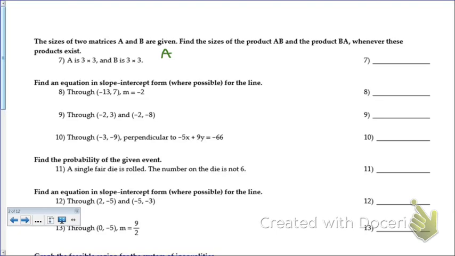So A times B. A was a 3 by 3 and B is a 3 by 3, and we look at the inner two to see if we can take the product, and then the outer two will be the size. Since we have the same dimensions, or our square matrices, whether you do AB or BA, the result is still going to be a 3 by 3 matrix.